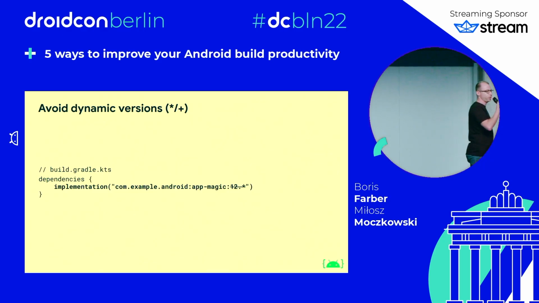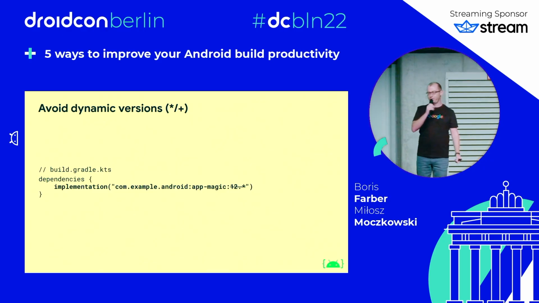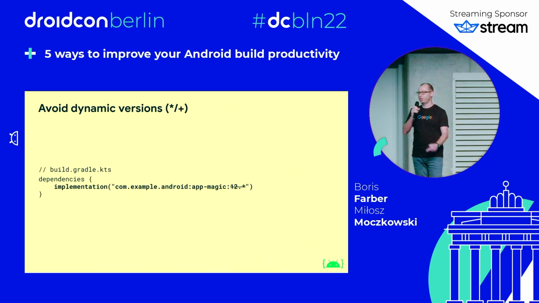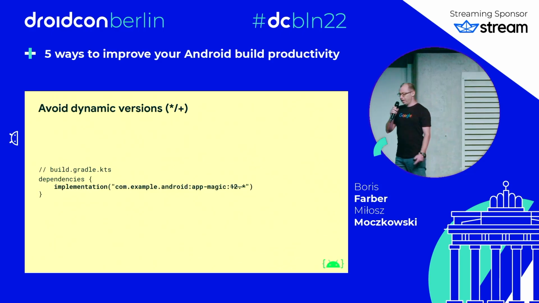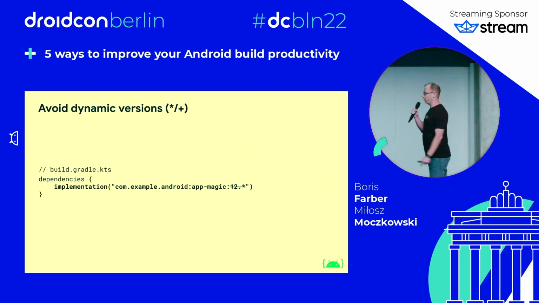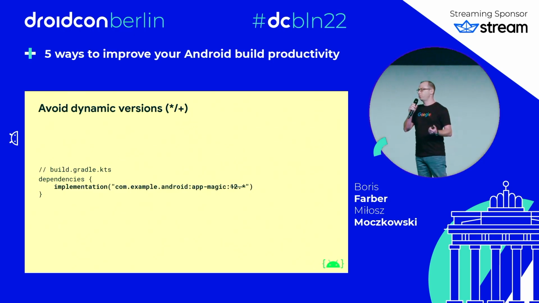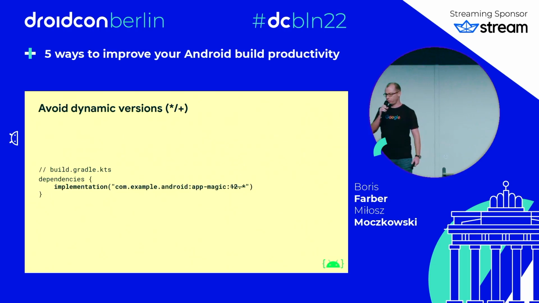Dynamic versions are stars and pluses inside the version declaration, which is a regular expression. Dynamic versions create really problematic builds, because you might build your app with one version, your friend might build the app with another version, and guess what? The app behaves differently. And these problems are really hard to track.